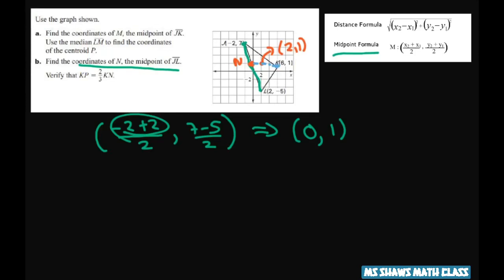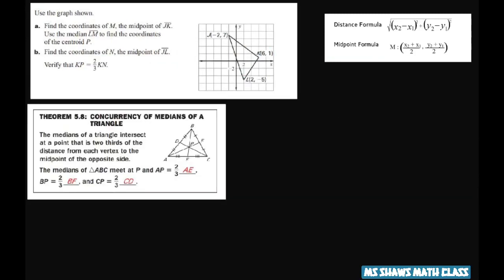All right, we want to verify that KP equals 2/3 of KN. So let's look over here. So here's our point here.